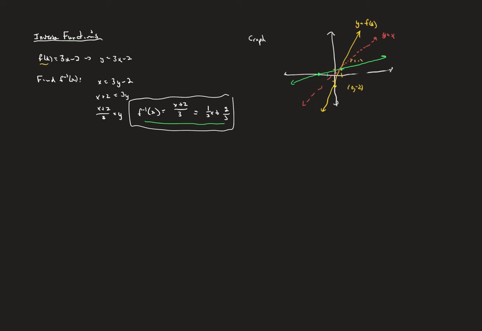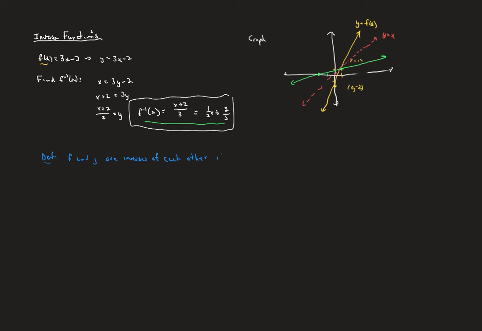Now, the definition of an inverse is actually that f and g are inverses of each other. So it's a reciprocal operation. If f is an inverse of g, then g is also an inverse of f.